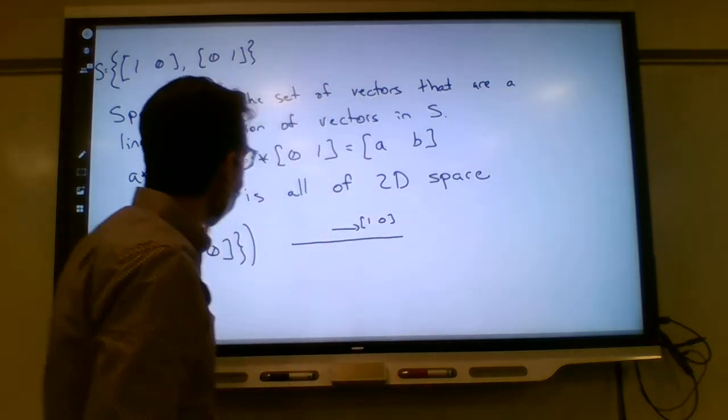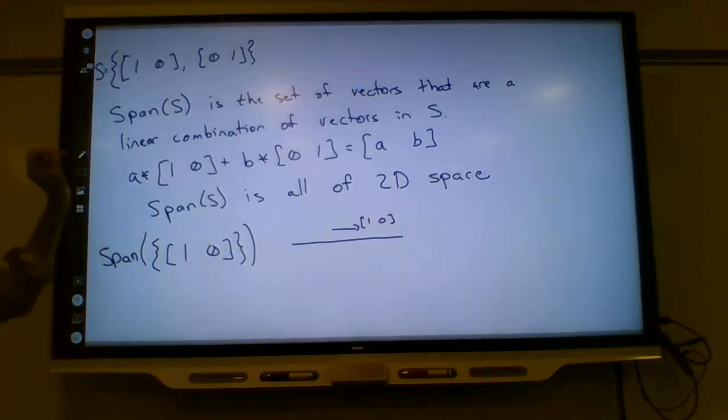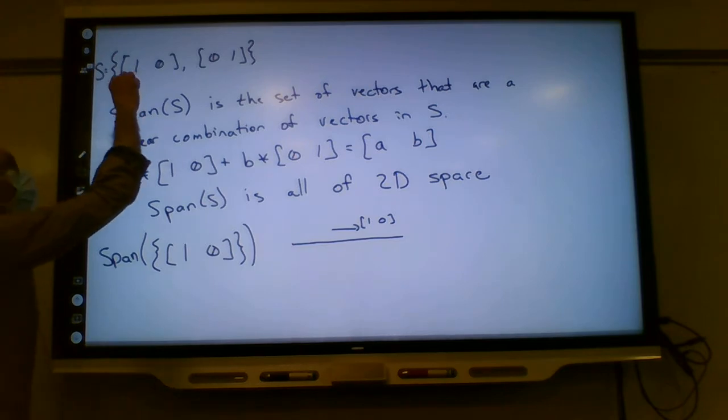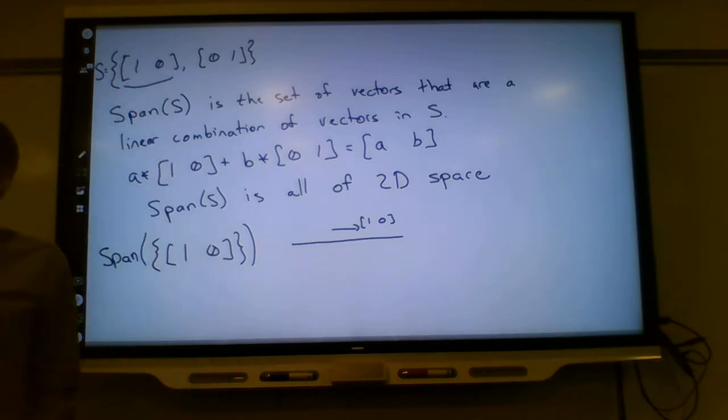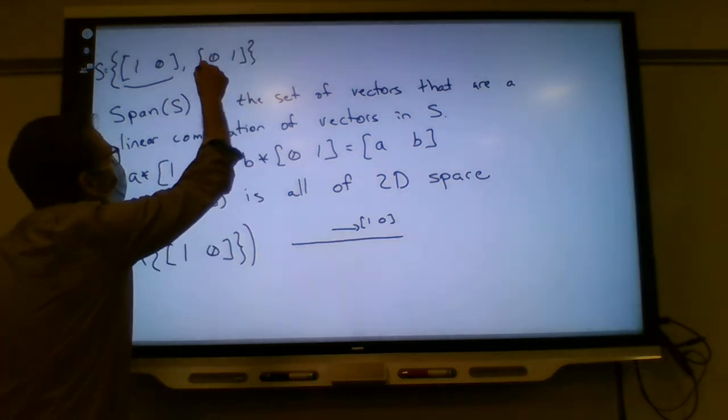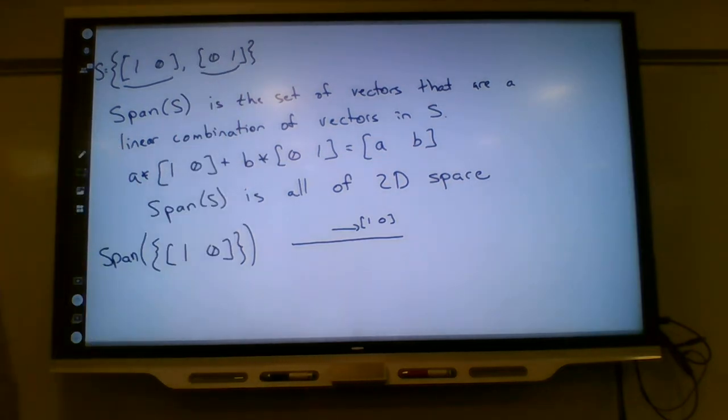And so we need to be able to transition between coordinate systems, and that's what this idea that we're talking about right here does. If we look at this vector by itself, it does not span all of 2 dimensions, but the two of these together do span all of 2-dimensional space.